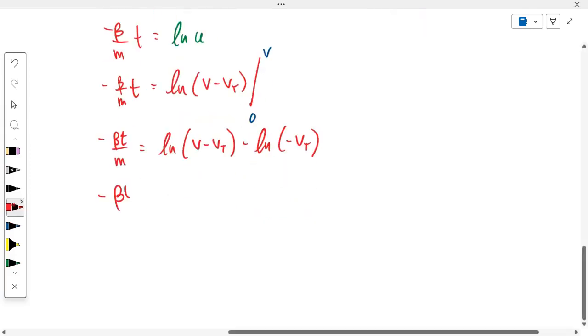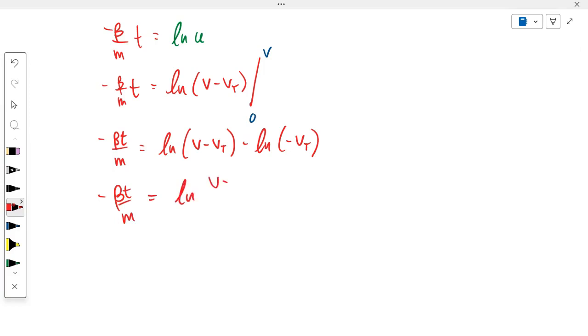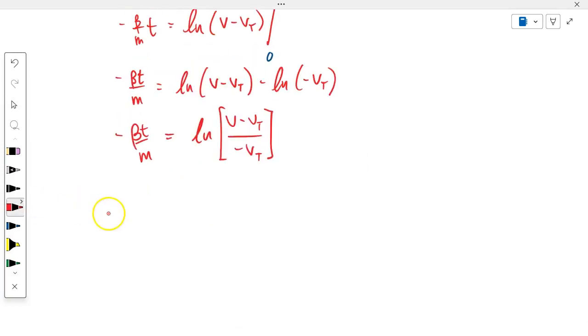Properties of logs say that we can turn this into the natural log of V minus Vt divided by negative Vt. And we're trying to solve for this V, so now we're going to raise e to both sides. E to the natural log of that stuff is that stuff. We're getting closer.